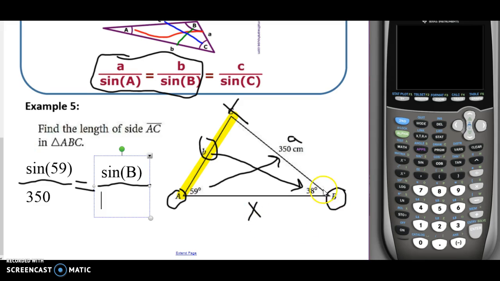And across from that, little b, which I don't know, oops, I made a mistake. I don't want the big B sine, I want the 38 degrees. And then across from that is little b. So now that we have this set up, it's just a matter of cross multiplying.